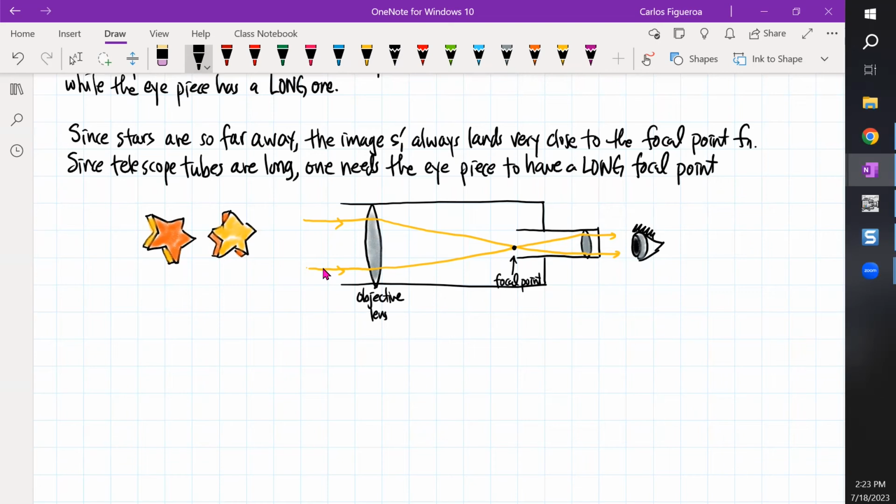So this is the focal point of the objective, but very close to here, I'm also going to put the eyepiece focal length right here too, or focal point. And I didn't label this, but this is the eyepiece lens.